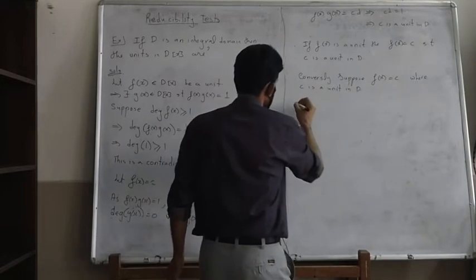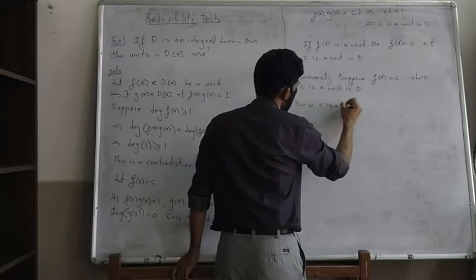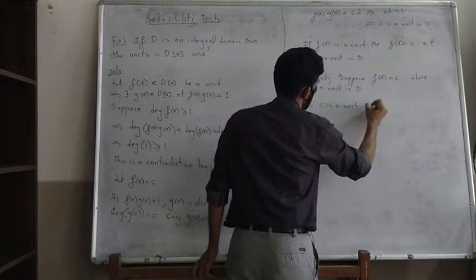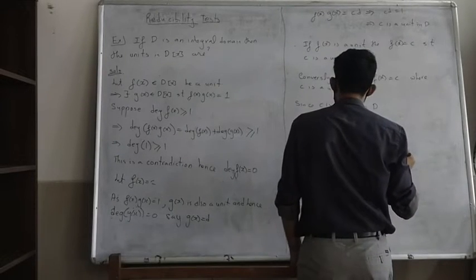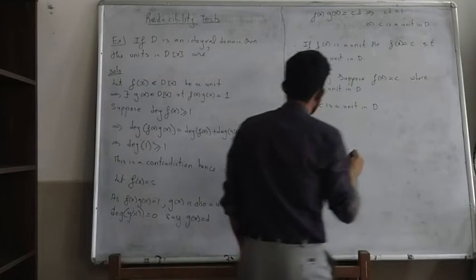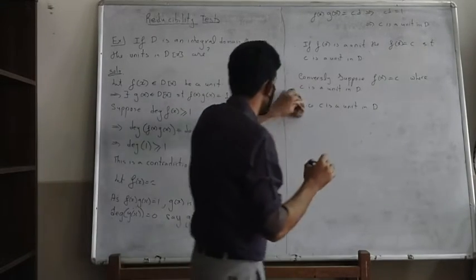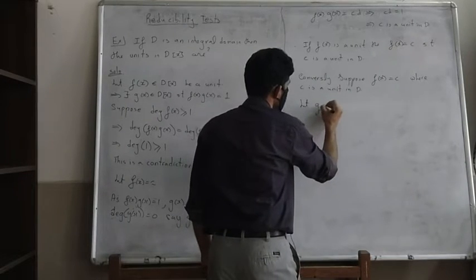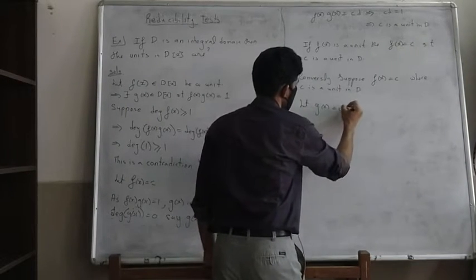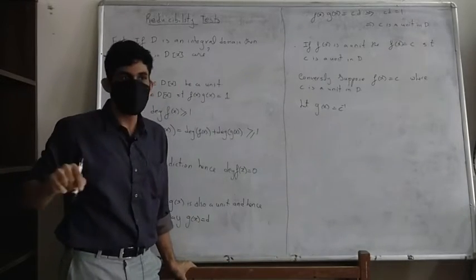Okay. So since C is a unit in D, let g(x) be C inverse, that means the constant polynomial with constant term C inverse.